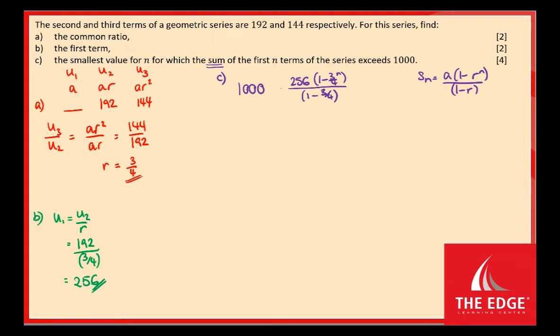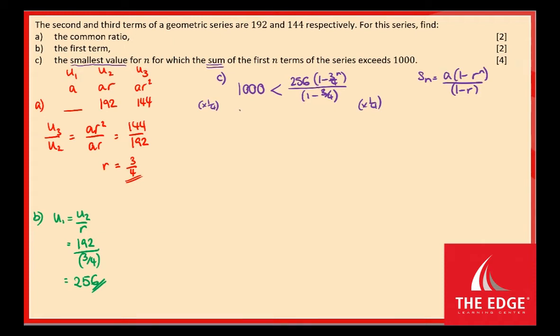Now, it's not an equal sign here because it's looking for the smallest value for when it exceeds 1000. So actually, this is going to be an inequality, and it wants my right-hand side to be greater than my left-hand side, so it should look like this. Okay, now I'm going to simplify to make this a little bit tidier. So this becomes 1/4, and it's a fraction. I don't want it, so I'm going to multiply both sides by 1/4.